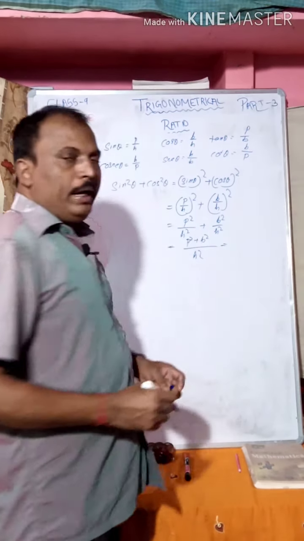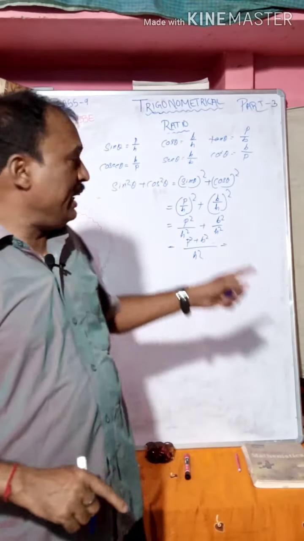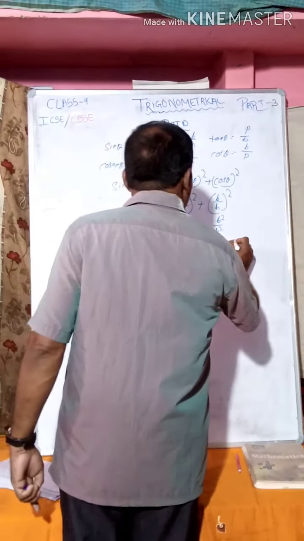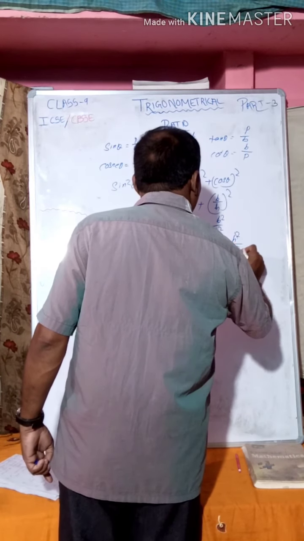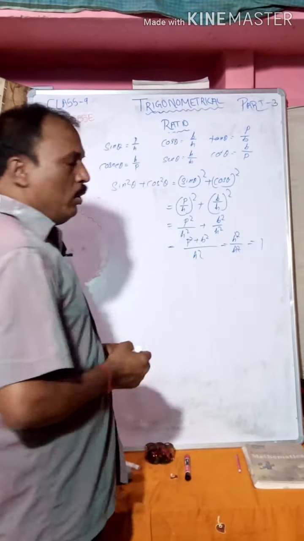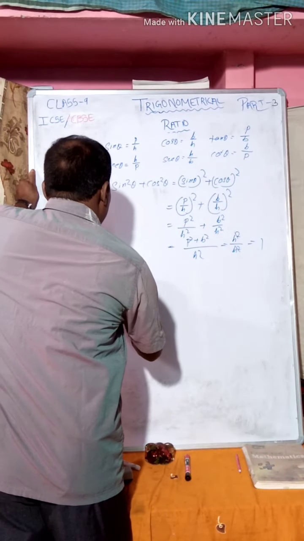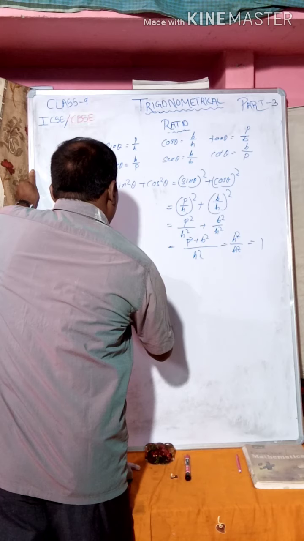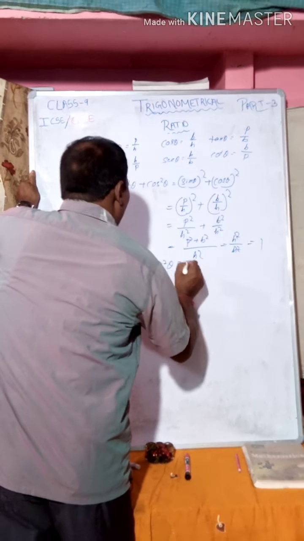We know p square plus b square is equal to h square. Instead of p square plus b square we can write h square, and the denominator h square cancels, that is equal to 1. So we know another formula, that is sin square theta plus cos square theta is equal to 1.